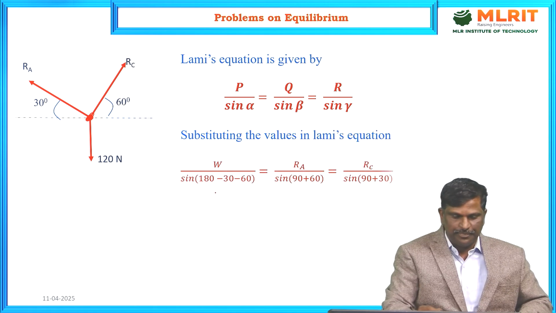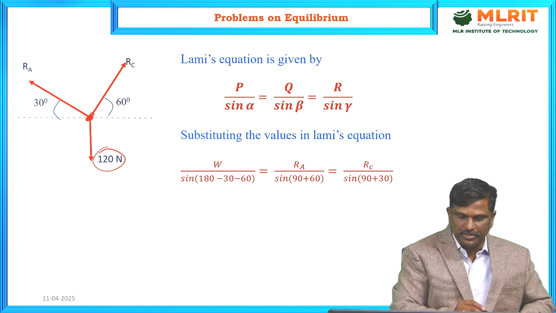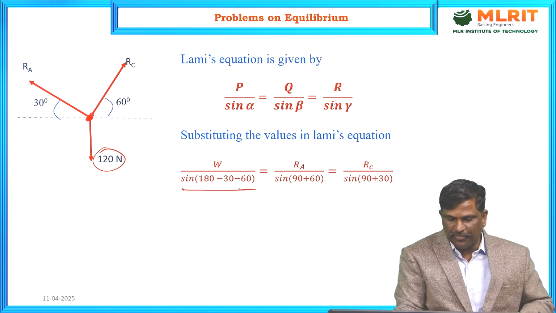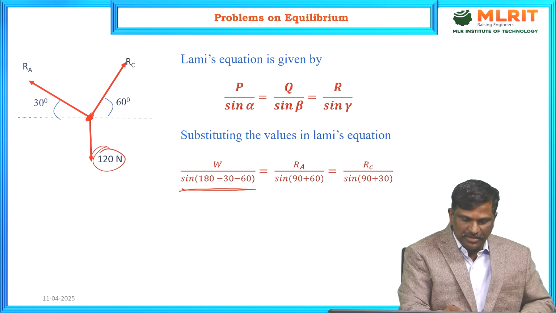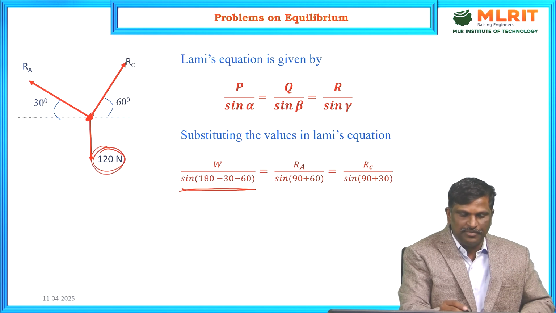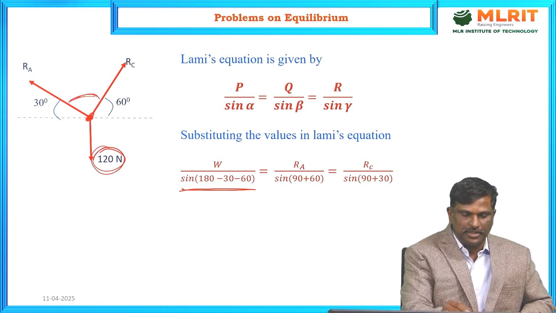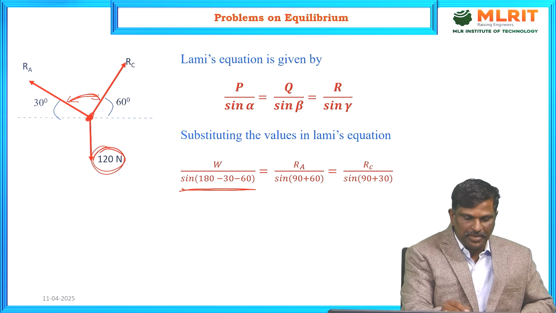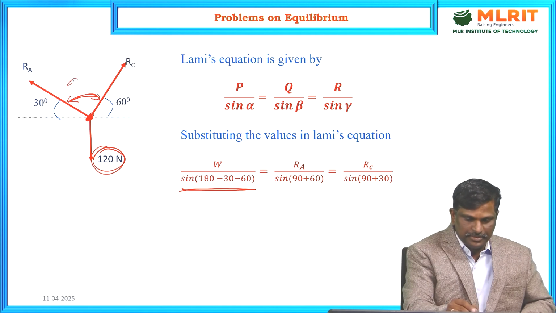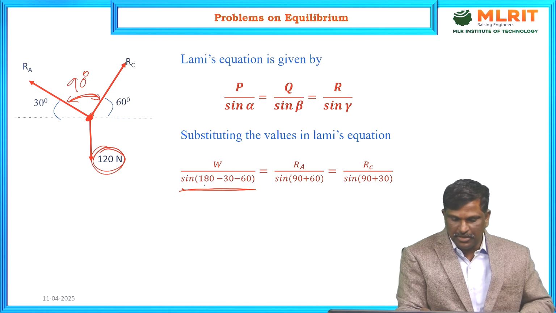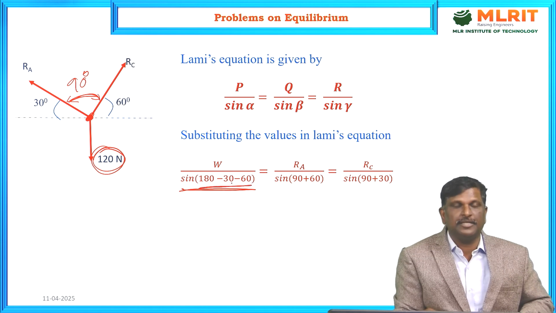W, weight W 120 newtons divided by sin alpha, sin of the angle between the other two forces. If we consider 120 newtons, the other two forces mean RA and RC. Angle between RA and RC is 90 degrees. See here, 180 minus 90. So sin 90.